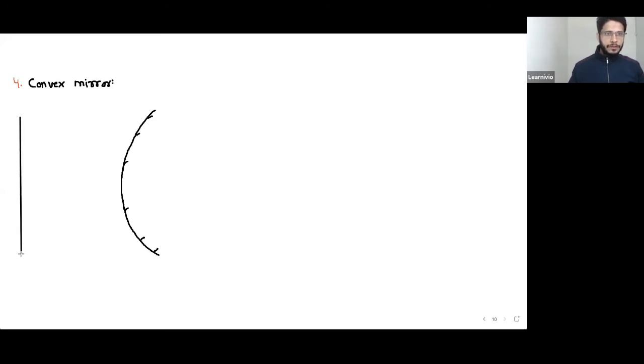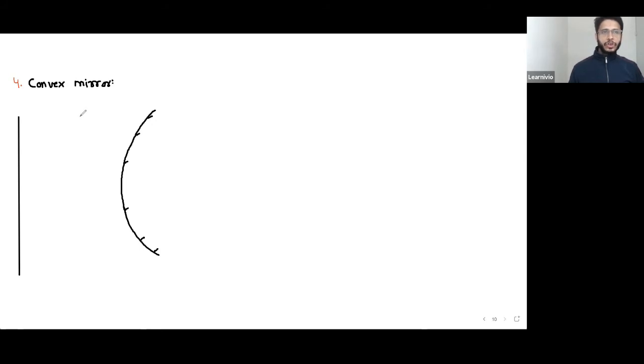So if this is the wavefront, the convex mirror is diverging, so it will diverge.